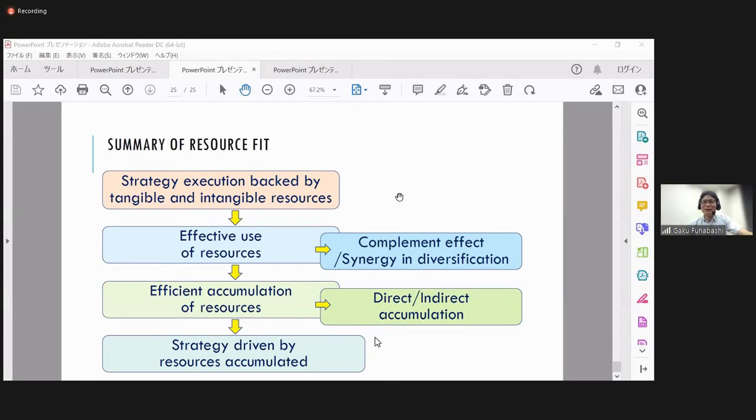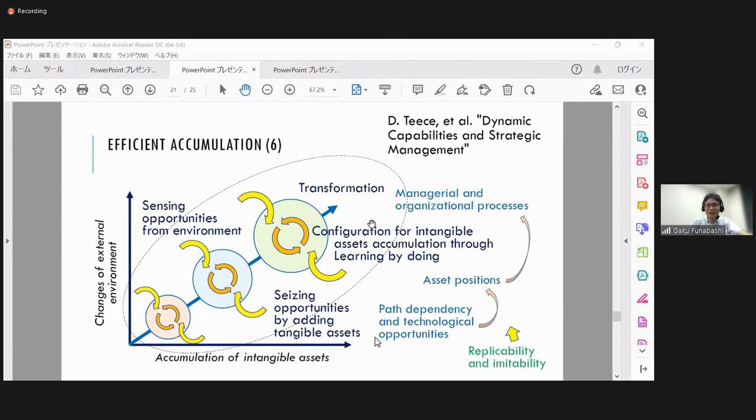Again, for the final exam, I don't ask you to explain in sentences. For example, I don't ask the question, what is dynamic capabilities? I don't ask you to explain, but at least try to understand what the dynamic capability is.